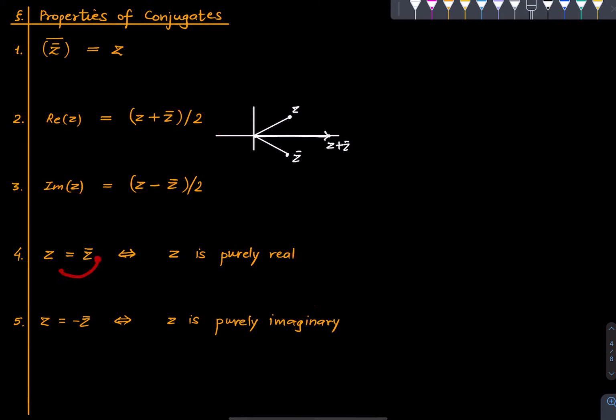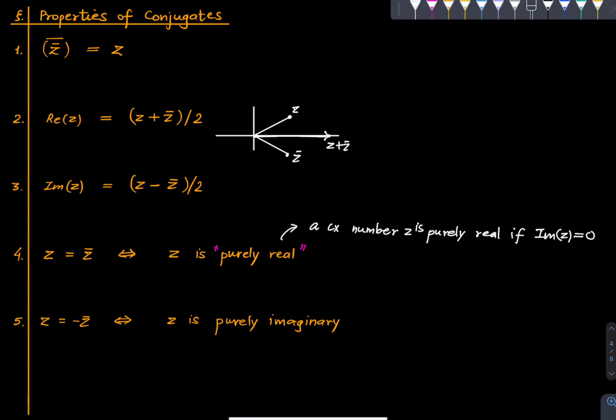The first one says, if z equals z bar, then z is purely real, and conversely. Now, I perhaps did not define what is purely real. A complex number z is purely real if its imaginary part is 0.